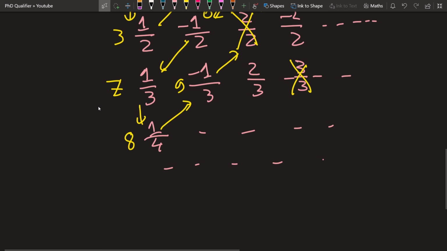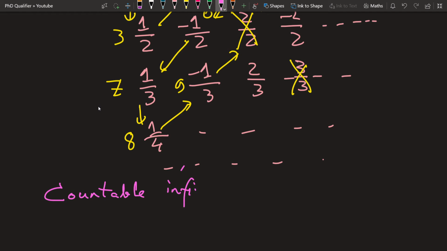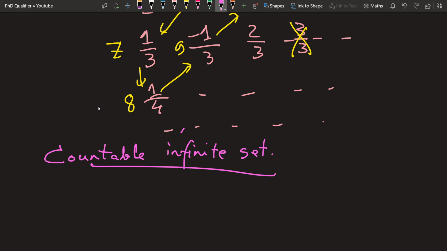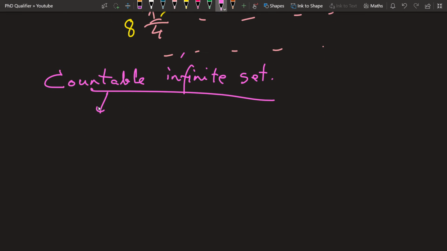So this is also a countable infinite set. And like all countable infinite sets, it has the same number of elements as natural numbers.